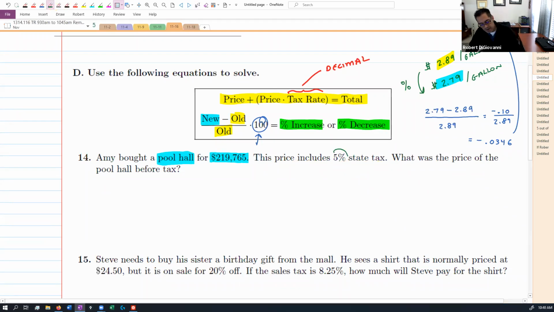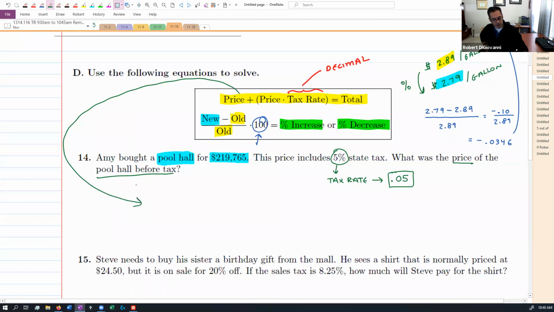So this right here is our tax rate. Now, as a decimal, it's 0.05, right? Just keep that in mind. That's the tax rate. We're asking for the price of the pool hall before tax. So I'm going to take this formula right here and write it a different way.